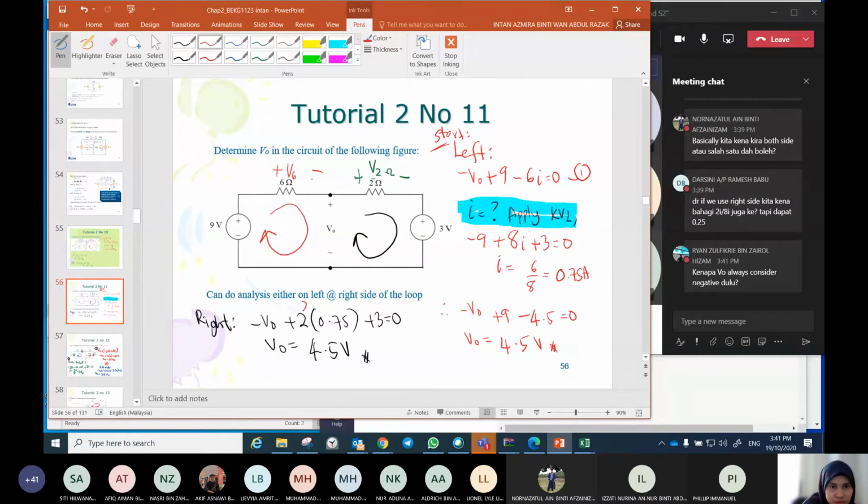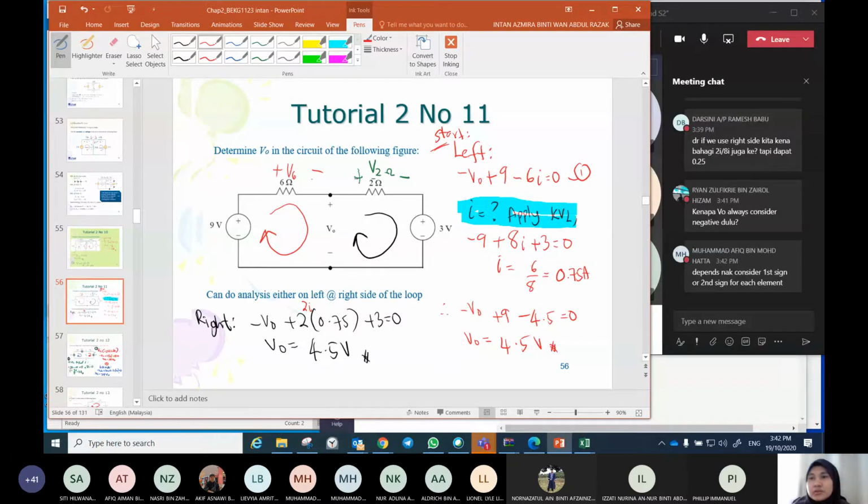So I is here plus 3, and then we have to find the current. How to find the current? This is the way to find the current, and then we get the current 0.75. We substitute this value into this equation and then we will get 4.5.